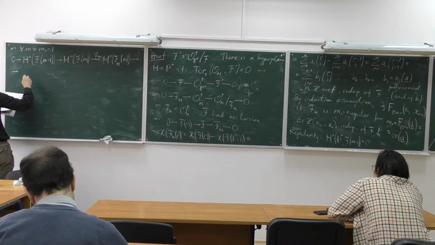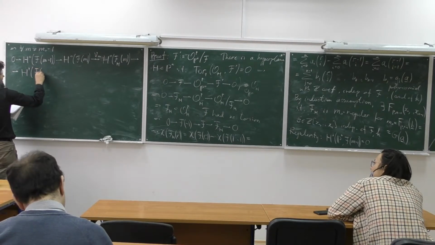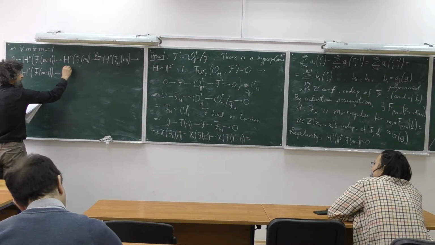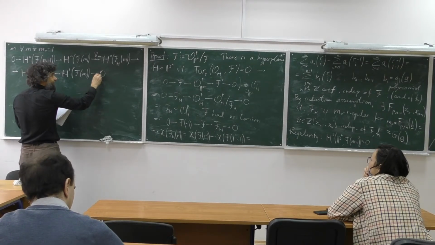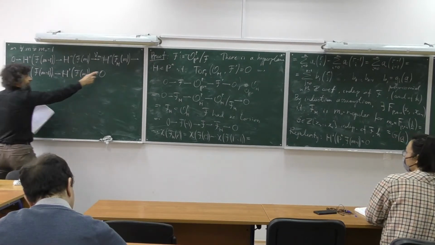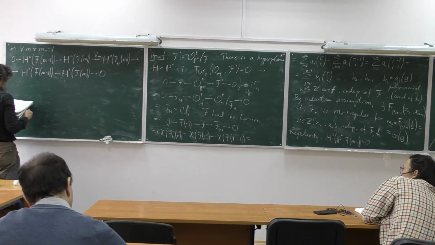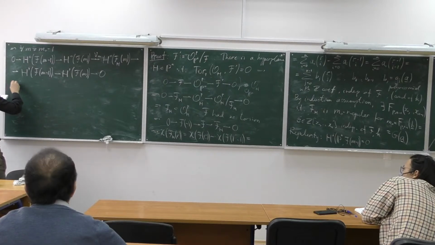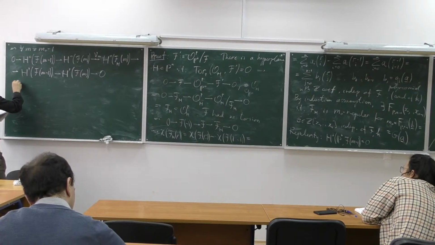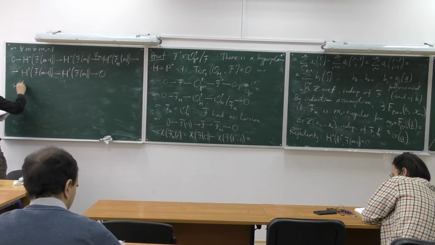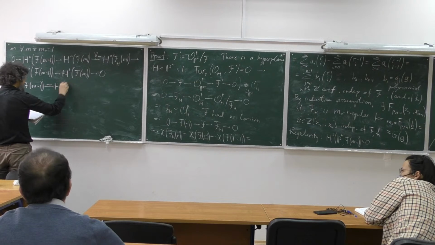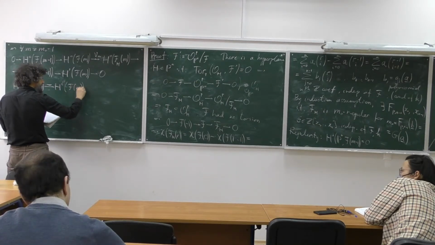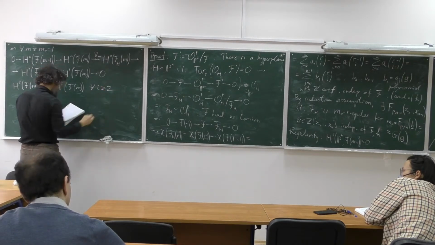So we go to H^1 of F minus 1, then to H^1 of F of m, and then it stops abruptly. There are no higher cohomology of this sheaf on the hyperplane, and also for second cohomology there is no cohomology whatsoever. So H^i of F minus 1 is isomorphic to H^i of F of m for any i greater than 2.